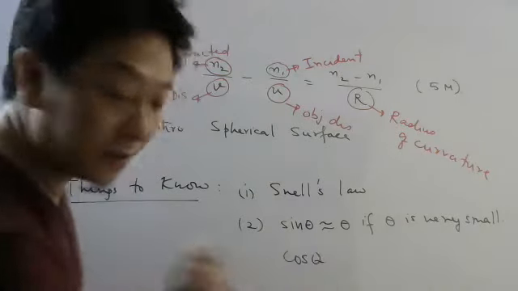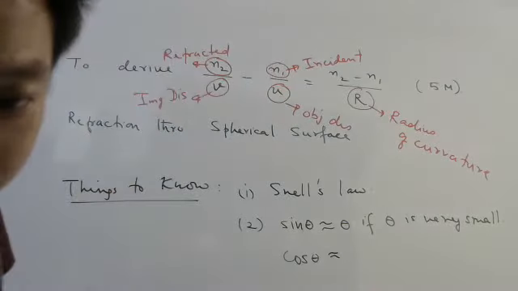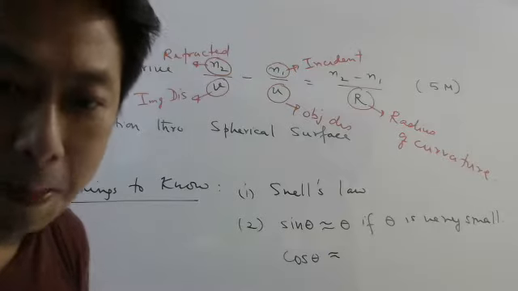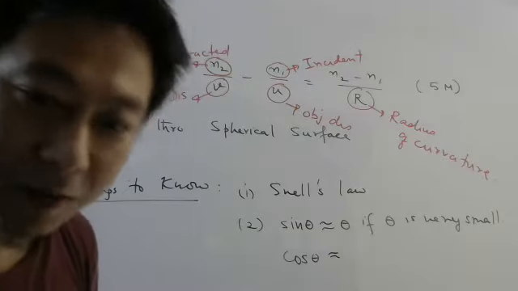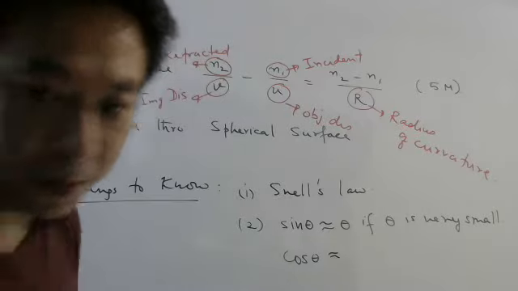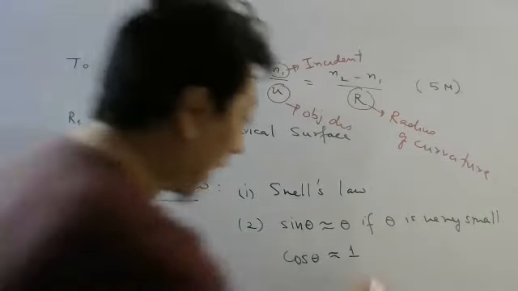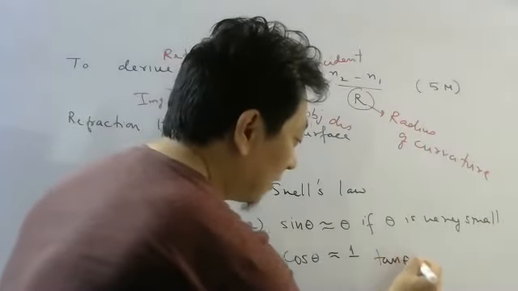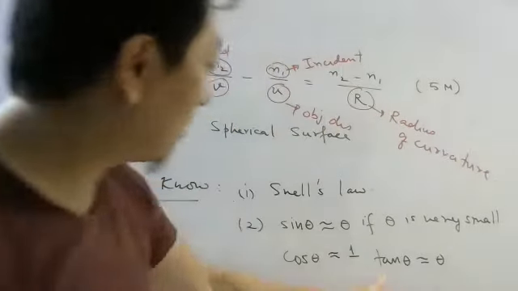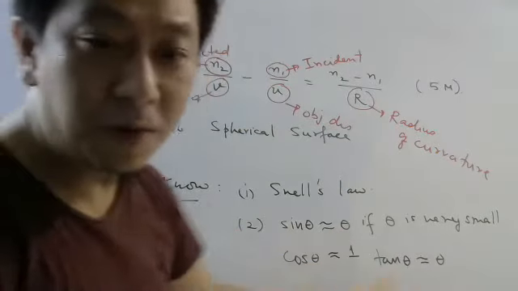This we don't need, but still cos of angle is how much when angle is very small? If angle is very small, cos of angle will be how much? Angle itself or something else? It will be 1. Okay. Best example is cos 0, and tan of angle, if angle is very small, will be angle, because tan is sine divided by cos. So on the right side, theta divided by 1 will be theta.